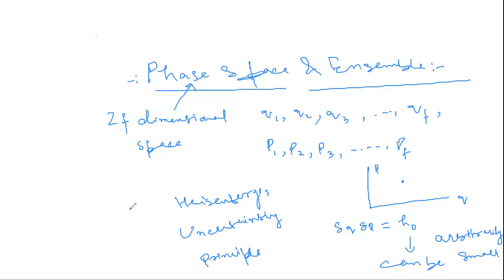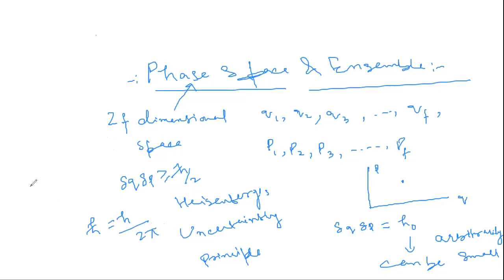Therefore, according to this principle, delta Q delta P is greater than or equal to h bar by 2, where h bar is h by 2 pi and h is Planck's constant.